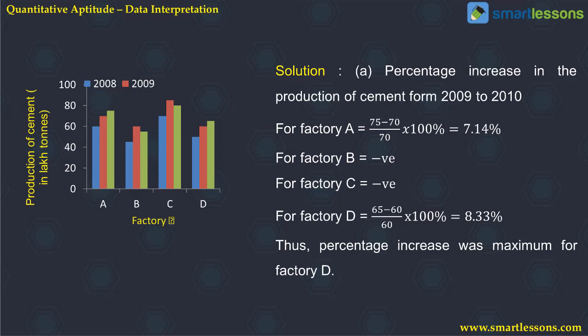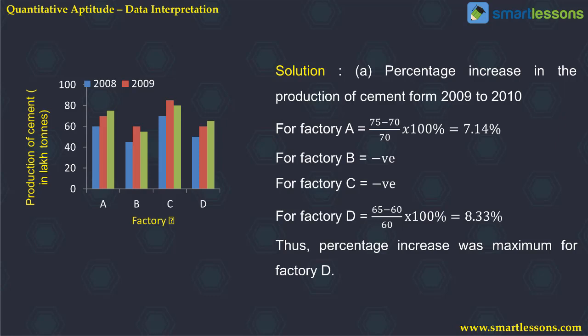So for the percentage increase, whoever has the lesser production in the base year will have the more gain percentage wise. As you can see, factory D has 60 lakh ton production in the year 2009 and factory A has 70 lakh ton production in the year 2009.